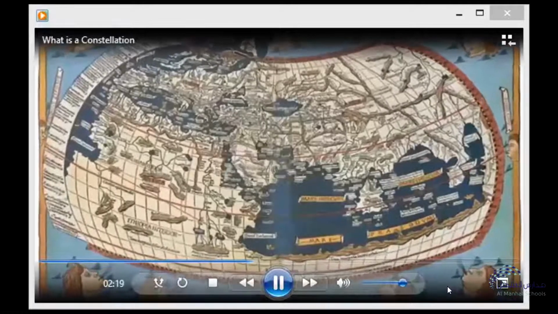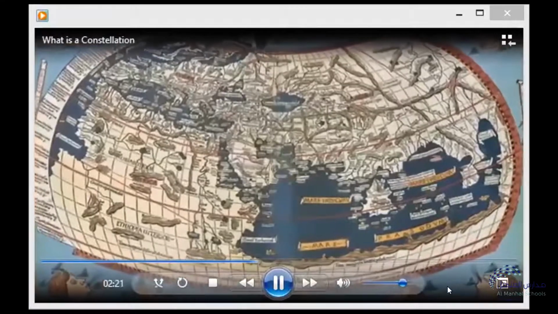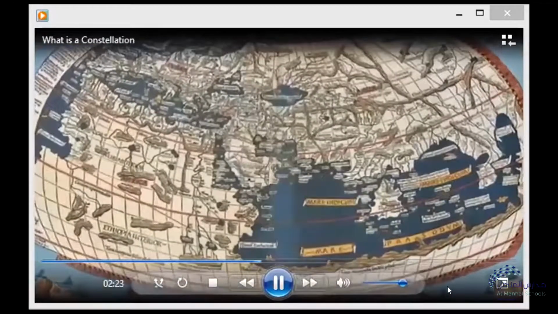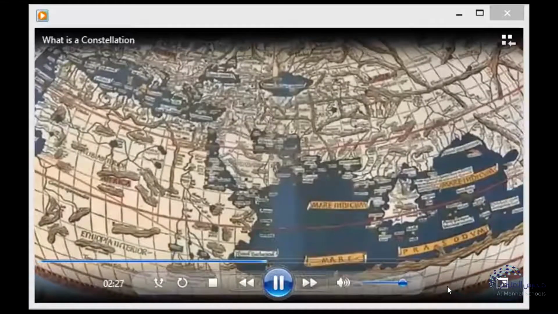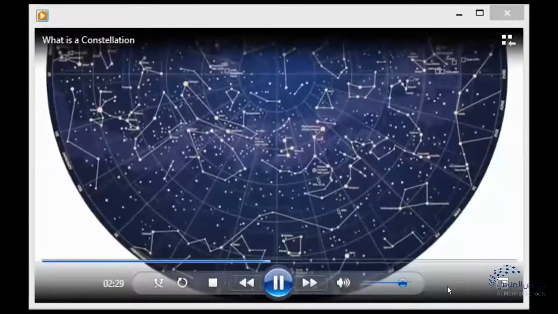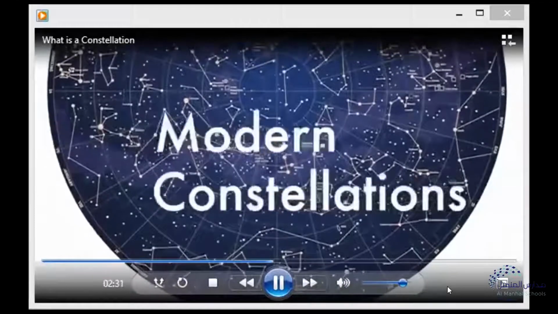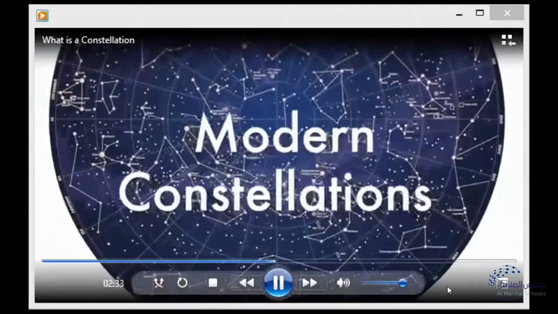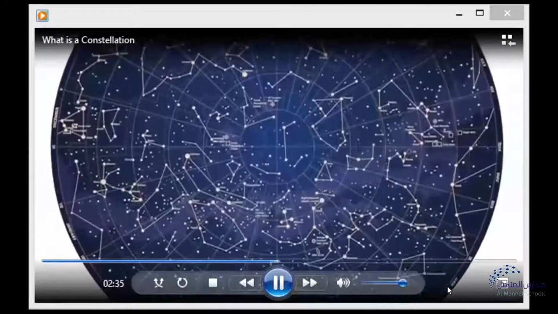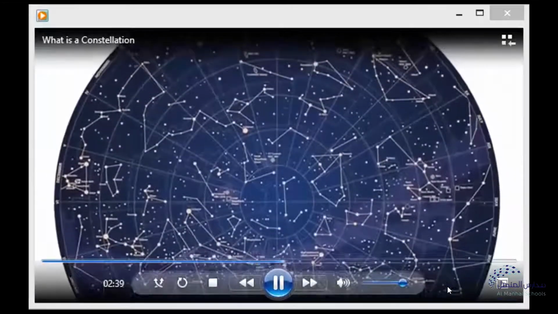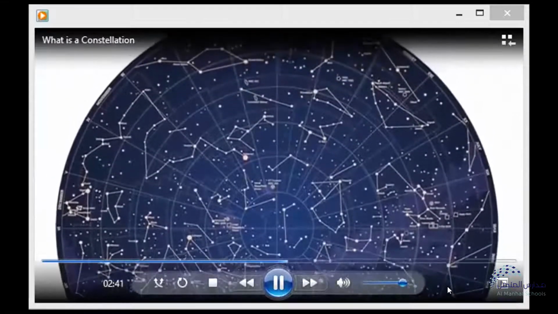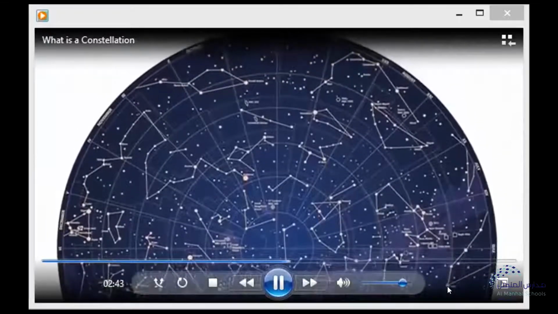Once European explorers started navigating their way through the southern hemisphere in the 16th century, stars in the southern skies began to be identified and cataloged. These southern constellations are known as the modern constellations, and they show far less imagination than their northern counterparts. These southern patterns were named after friends, patrons, and inventions of the time.